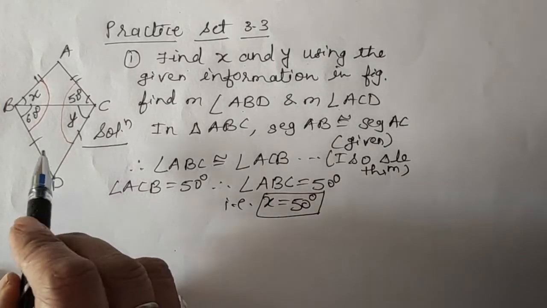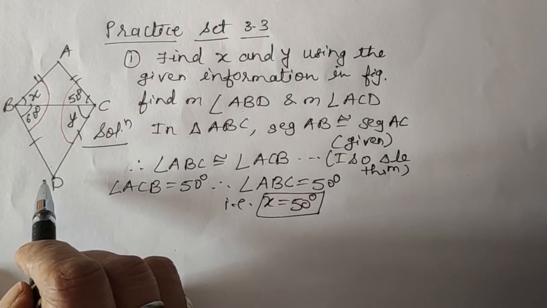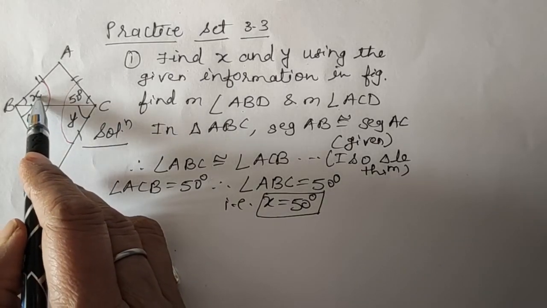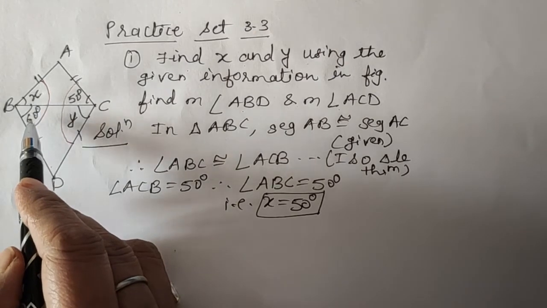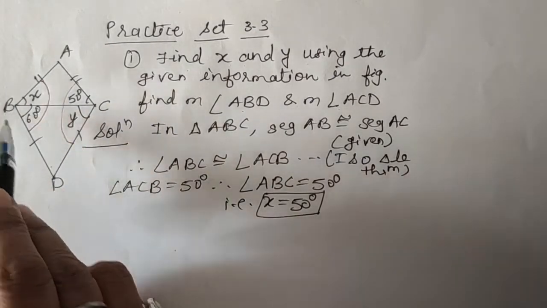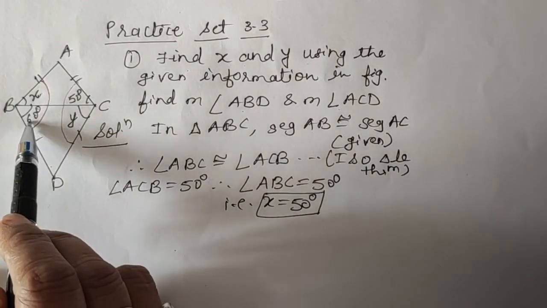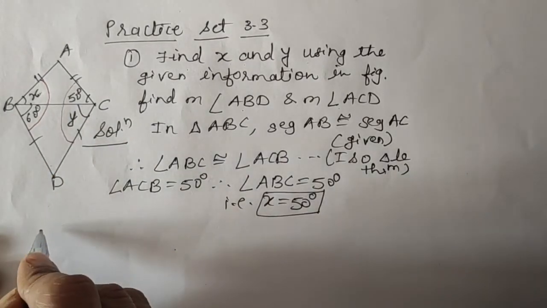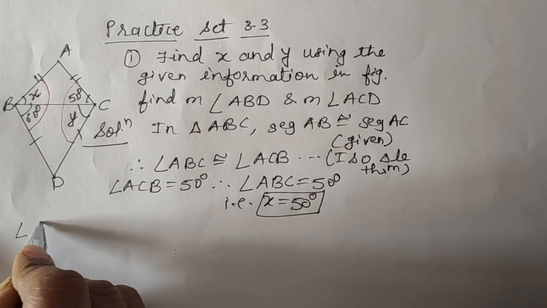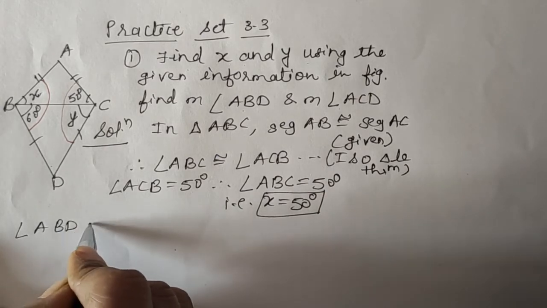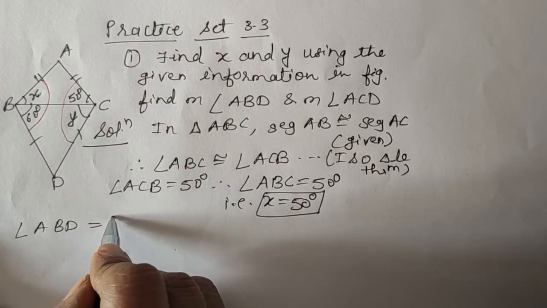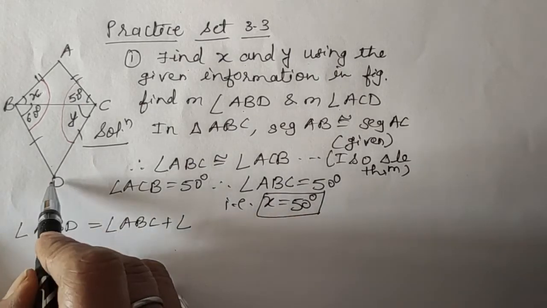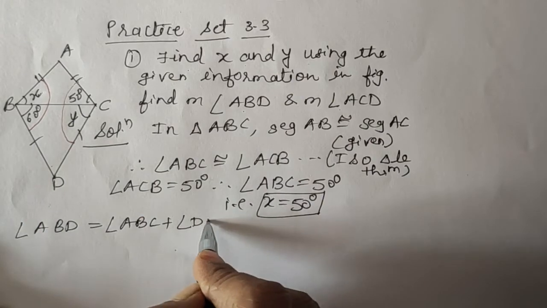Now, see, one more triangle is there. Now this x you got is 50. If you want to find ABD, you have to add this angle and this angle, using the angle addition property. So let's find angle ABD, which is equal to angle ABC plus angle DBC, as we have DBC.